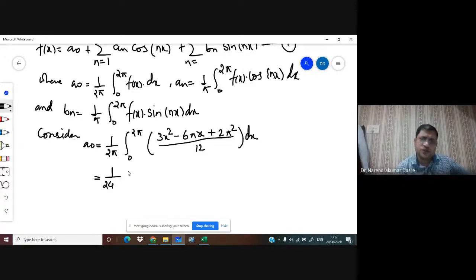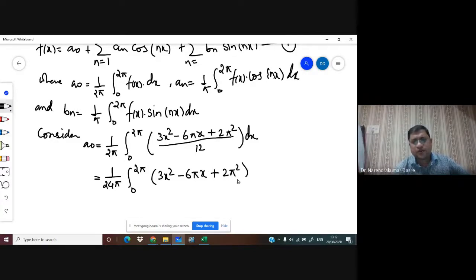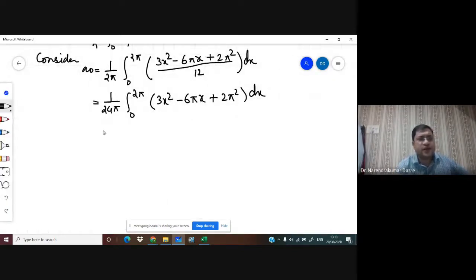So we can take this 12 out. We can write 1 by 24 pi integral 0 to 2 pi (3x square minus 6 pi x plus 2 pi square) dx. So let us integrate this.